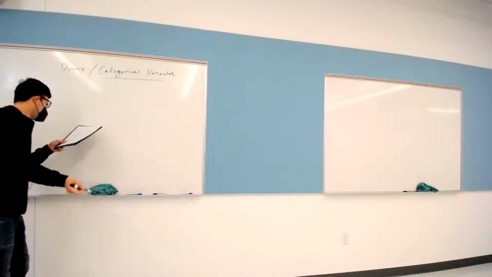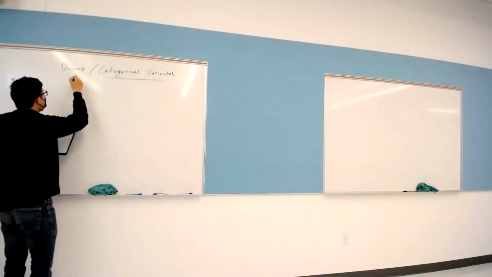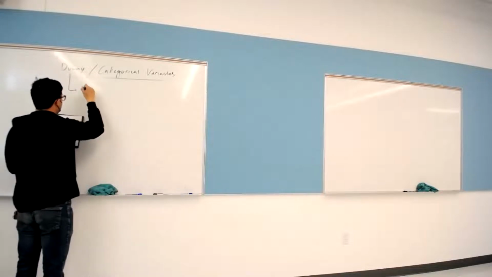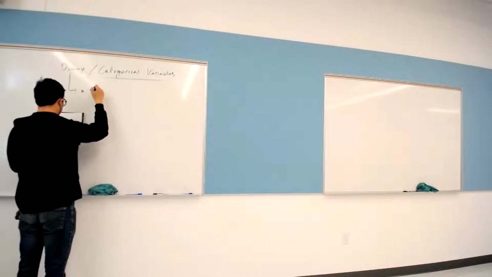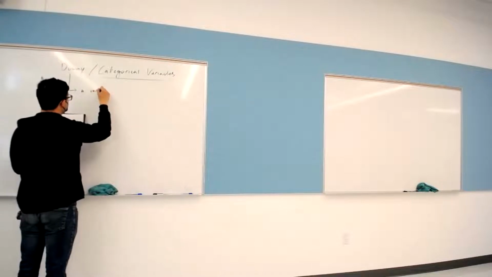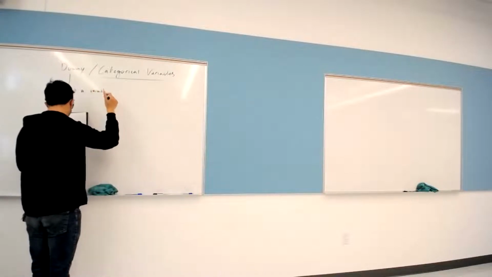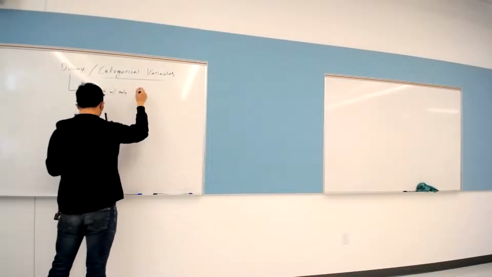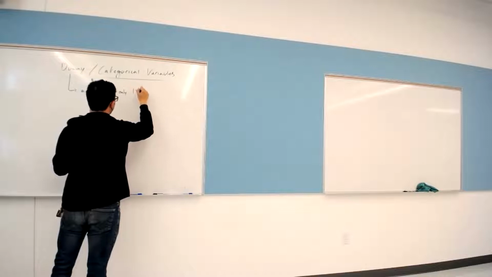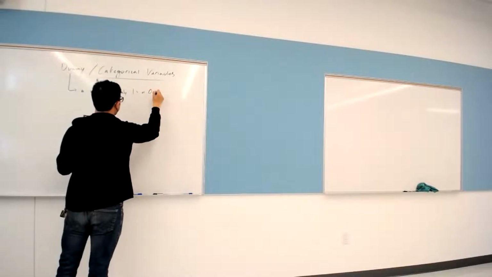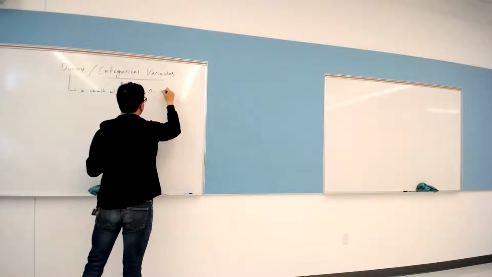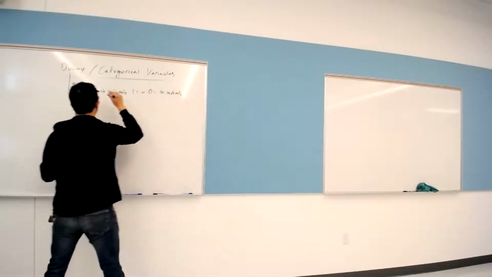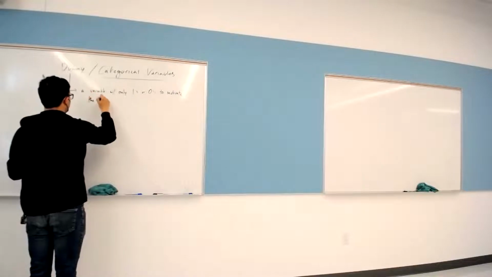Okay, so the dummy variable is a variable with only ones or zeros to indicate the outcome.